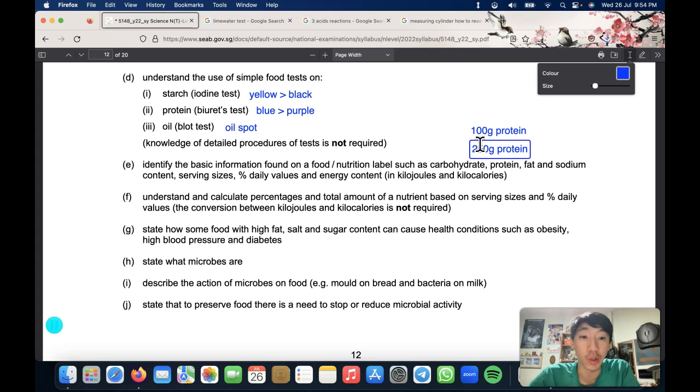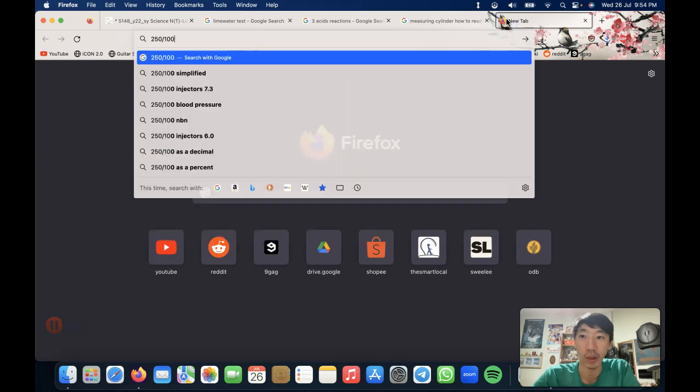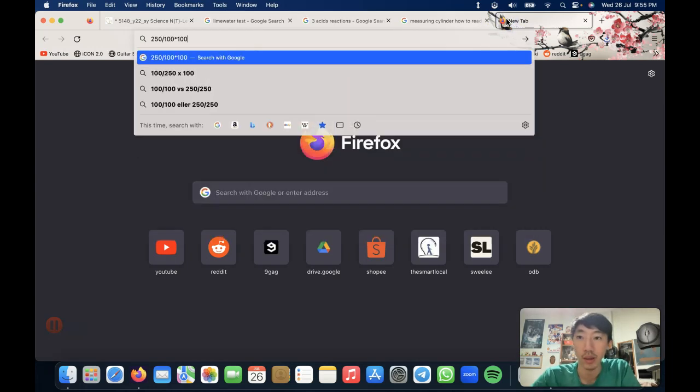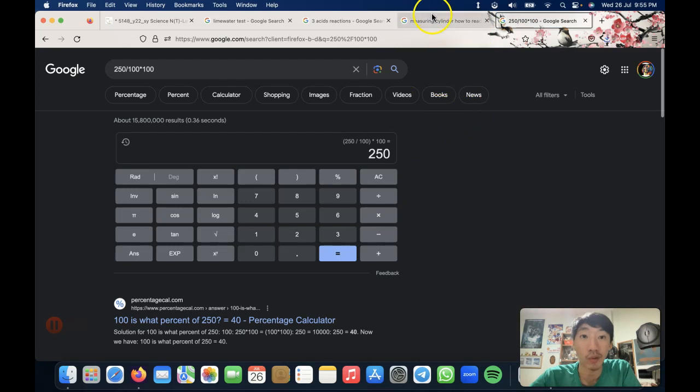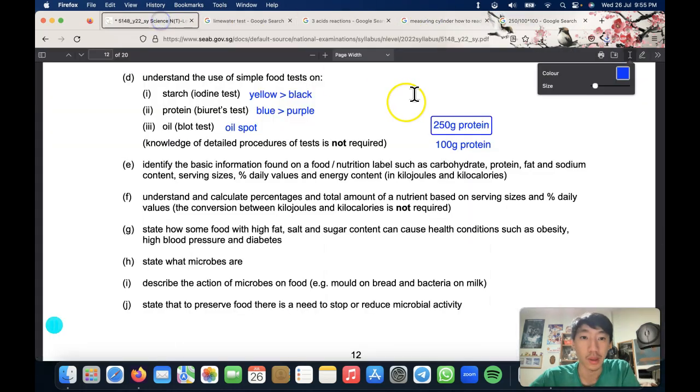I'm already over the limit, I'm above 100%. So how do I find out what's my percentage? I will take 250 divided by 100 and then times 100%. So 250 divided by 100 times 100%. I'm actually at 250%, over the limit. Okay, so that's what the daily value means.